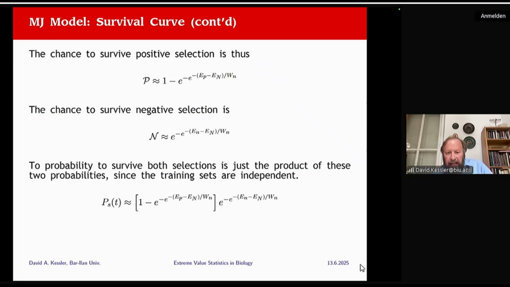In order to survive both selections, it's just the product. So now we have worked out the probability of surviving both positive and negative selection, and it's just this exercise in extreme value statistics.